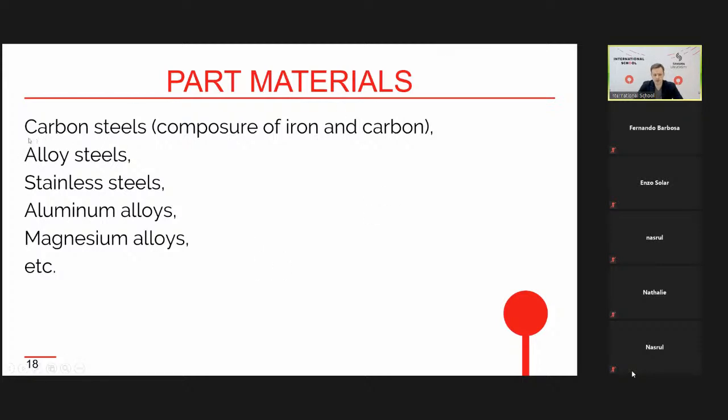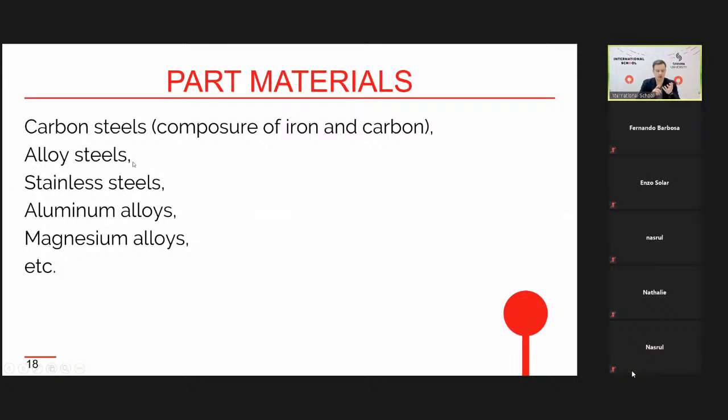Also, there are some alloy steels, and when we want to make some better materials, materials with better properties, we can add some additional elements in this steel.